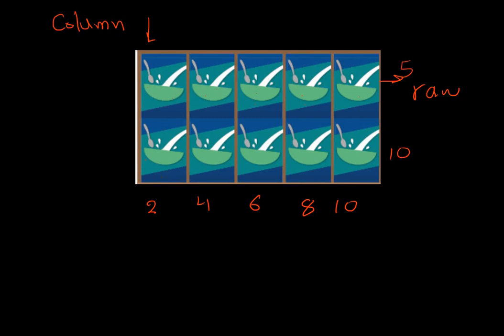We can count in 2s, 2, 4, 6, 8, 10, or if each row is 5, we can count 5, 10, 15, and so on, but this is 15 only. You can count rows, you can count columns.